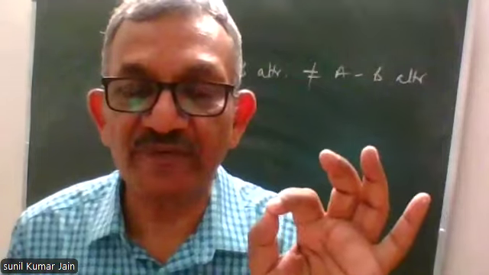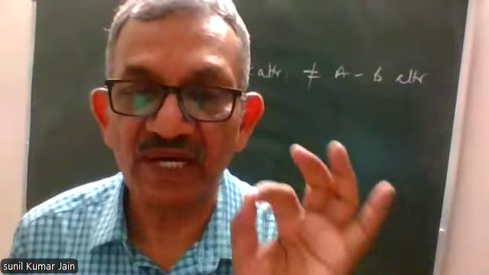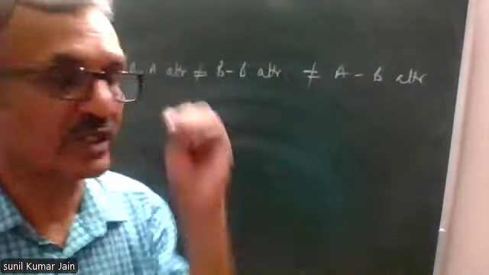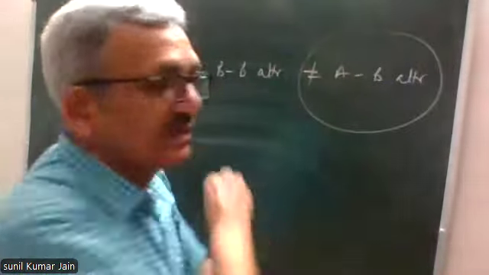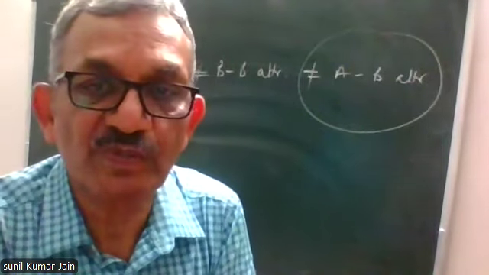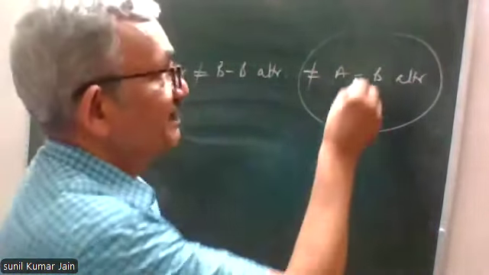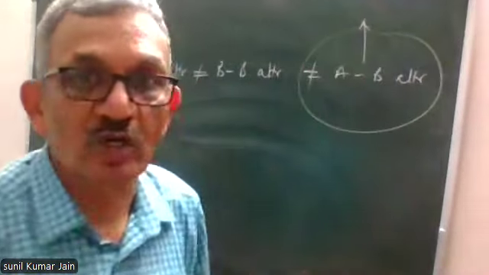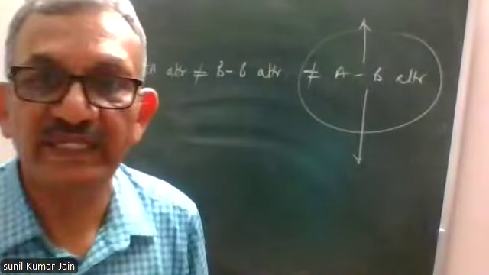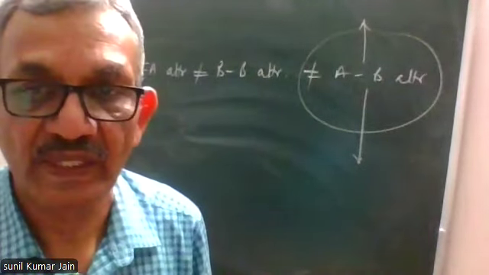And if new attractive forces formed after mixing are not as strong as initial, then there are two possibilities. These new attractions between A and B may be either stronger than initial attractions or maybe weaker than initial attractions.